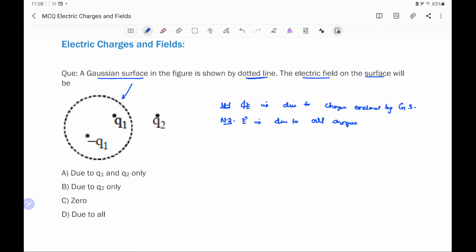So in this question, for the Gaussian surface shown by the dotted line, the electric field on the surface will be due to Q1 and Q2 both. Option D is the correct option. If we were asked that the electric flux on the surface is due to, then in that case we would say minus Q1 and minus Q2.